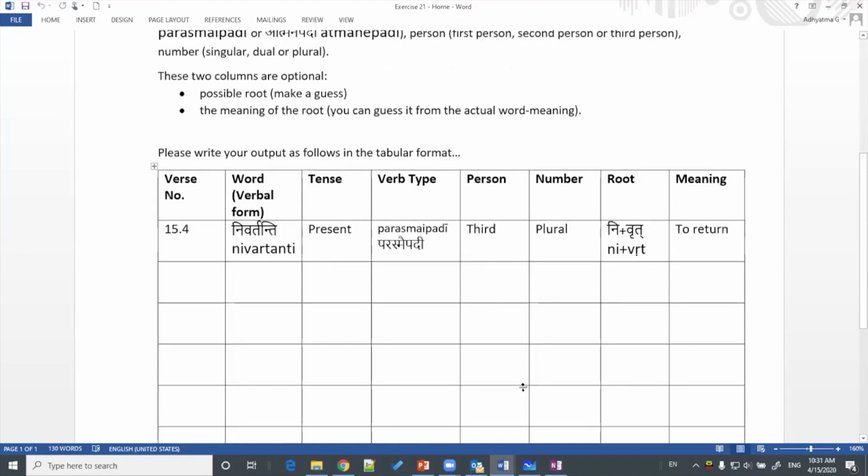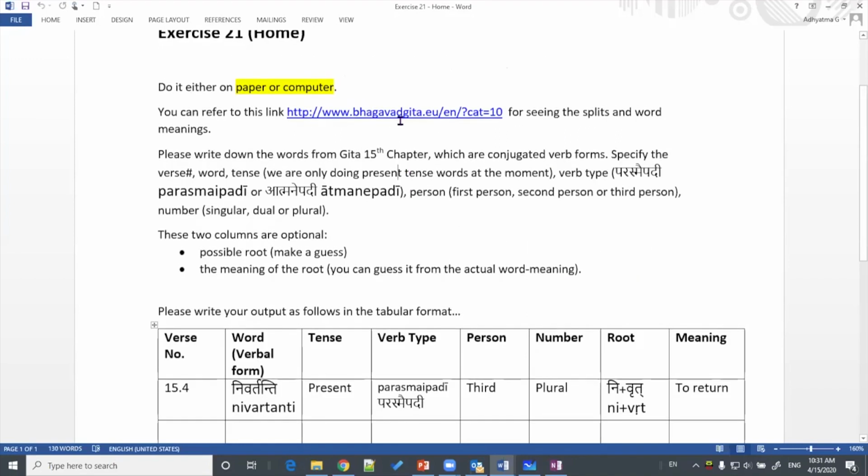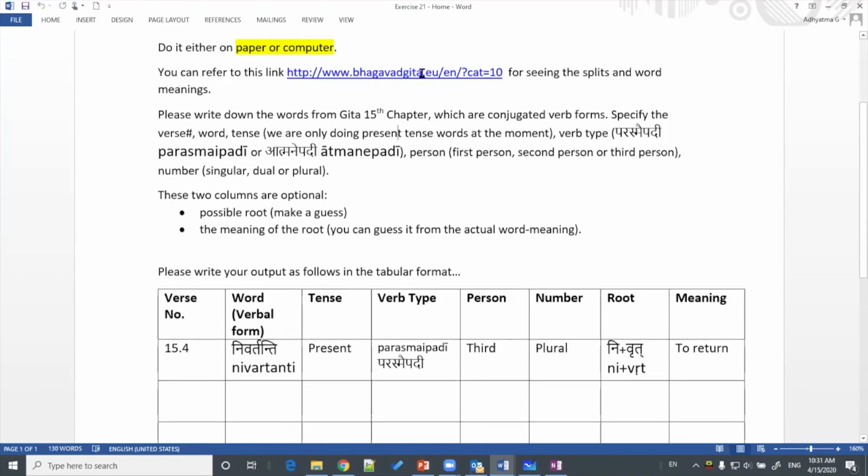So you will just write parasmaipadi or atmanepadi. Person, you will write first or second or third person, singular, plural, or dual number, and the root. These two columns are optional, root and meaning. You can make a guess, and as I showed you this website, you can actually see on this website what is exactly the root. And when there is a prefix, the upasarga, just write it like this.